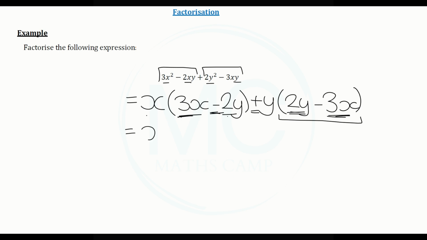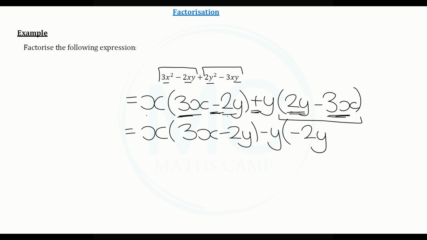So let's change the signs within this bracket by changing the sign outside. And we can say x, open bracket, 3x minus 2y. Let's change positive y to negative y. Open our bracket. We now have negative 2y plus 3x. Close our bracket.